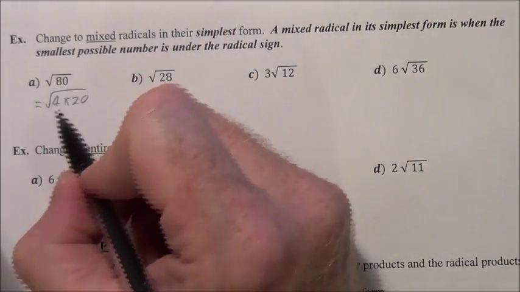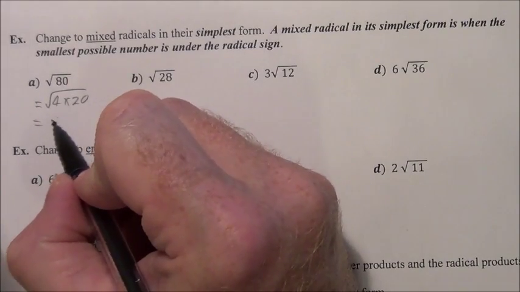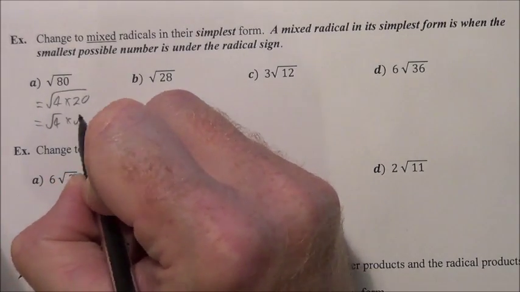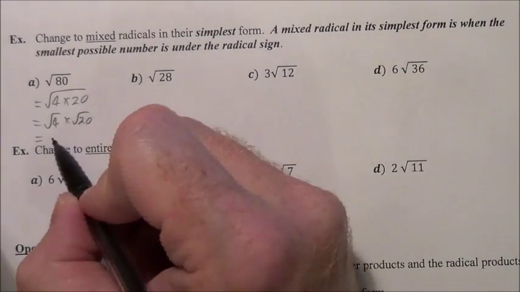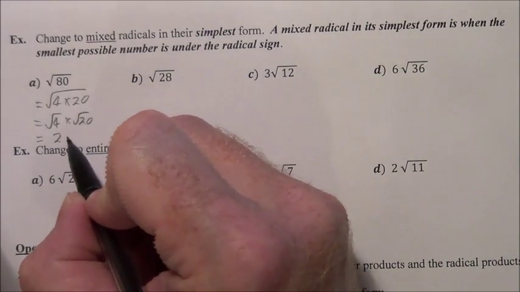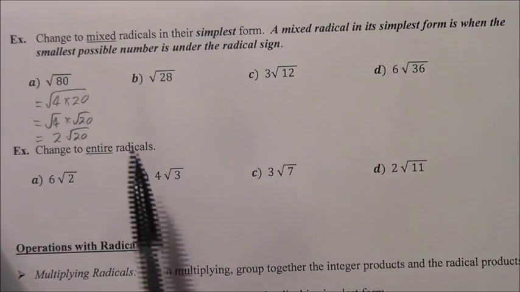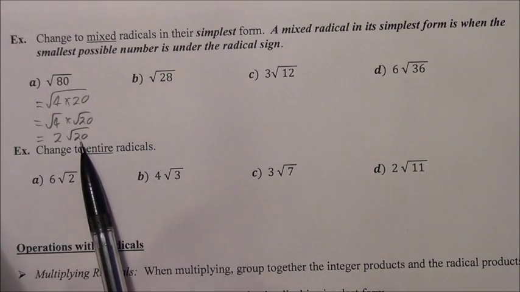and then that gives us the root of 4 times the root of 20, which the root of 4 is 2, and the root of 20, well, we got 20. However, if we look at that a little closer, we see that root of 20 isn't in simplest form either.